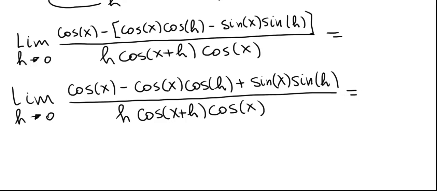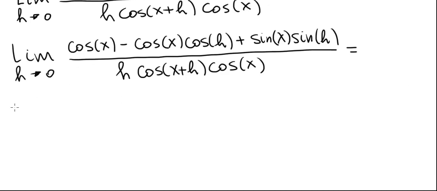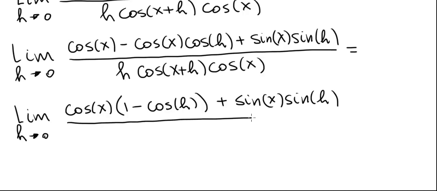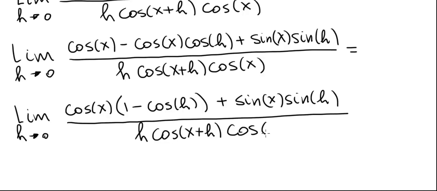Now the next step, you can see that in the numerator we have two terms that have cosine of x in them. We can factor out cosine of x. Limit as h goes to 0. Factoring cosine of x, we get 1 minus cosine of h, and then plus sine of x times sine of h, and the denominator is still h times cosine of x plus h times cosine of x. Next step, we'll break this up into two limits.